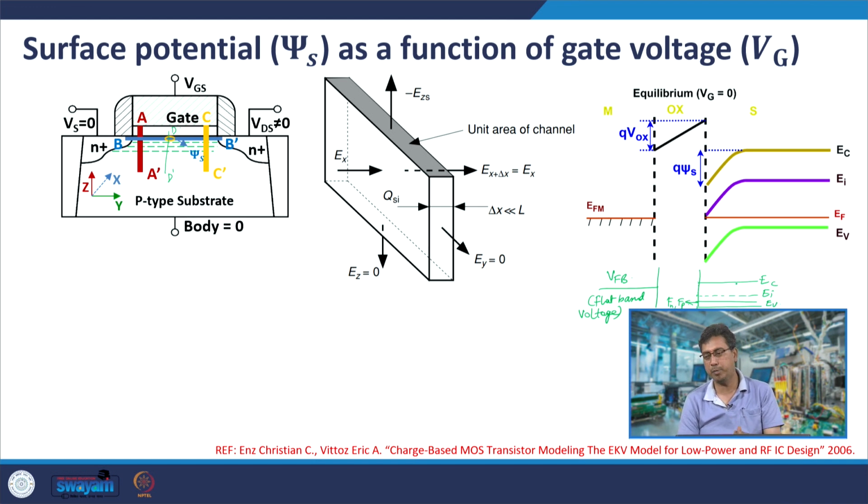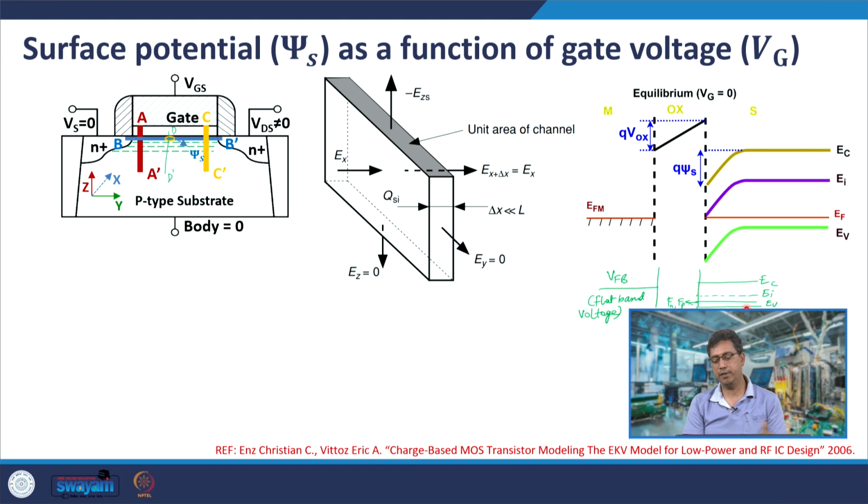Once you apply the flat band voltage, the bands in the silicon region are flat, and now when you apply any other value of gate voltage, there is again band bending in the silicon region and also in the oxide. So, it is as if, to the 0 gate voltage case, you have added flat band voltage and then added some other value of gate voltage together.